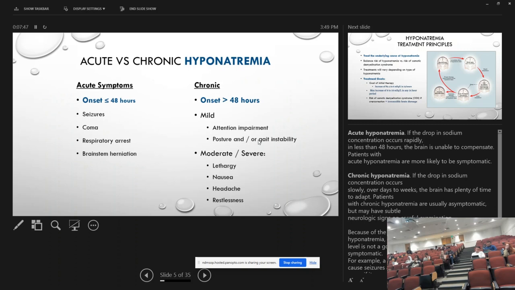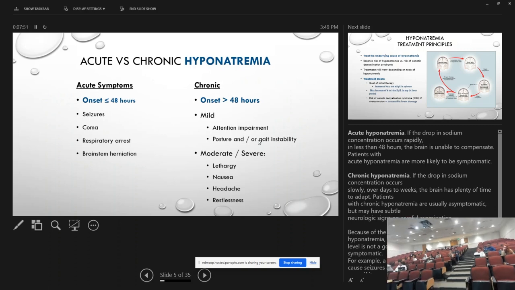So again, acute symptoms would be onset of less than 48 hours. Certainly you can see seizures, like I mentioned, coma, respiratory arrest, or maybe even herniation of the brainstem. Chronic symptoms, which are lasting greater than 48 hours, tend to be more mild because it is a gradual onset of the disorder.